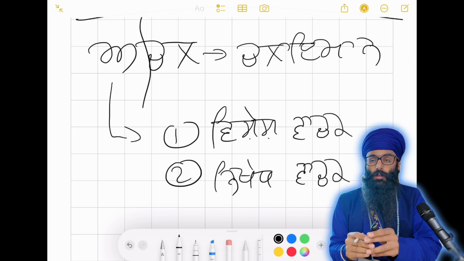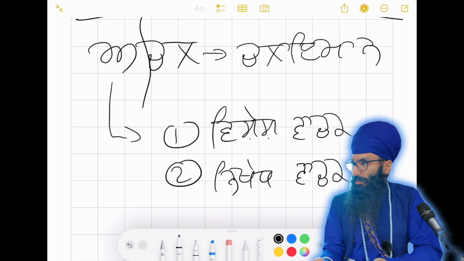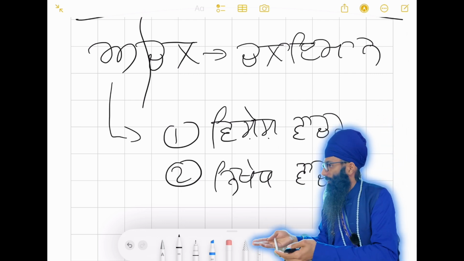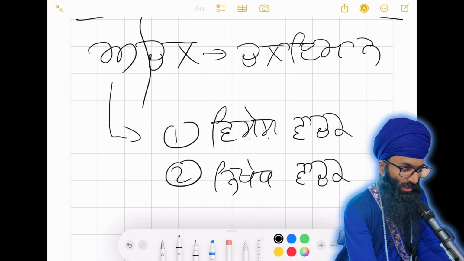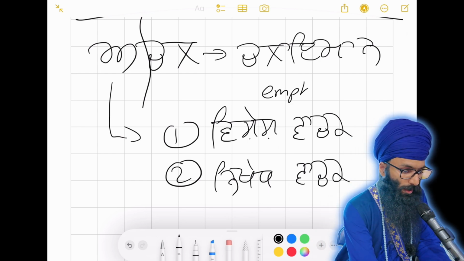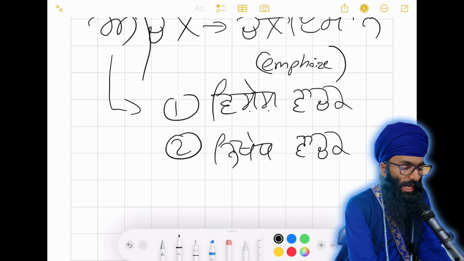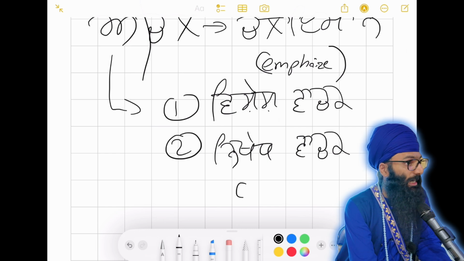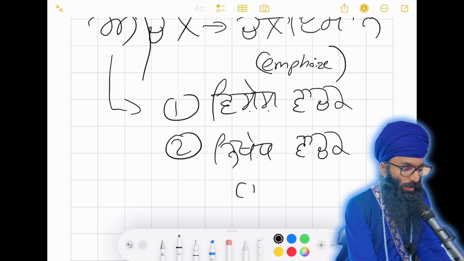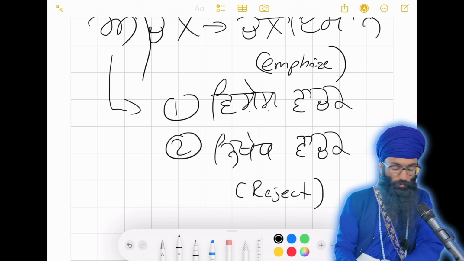Vishesh Vachik means to emphasize. Nikhed Vachik means to contradict, to reject, to oppose, okay?